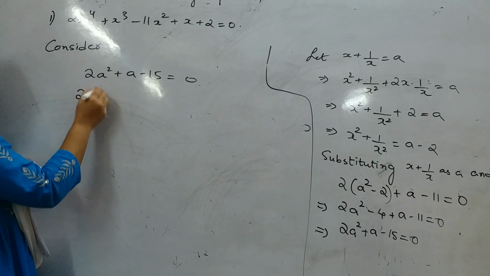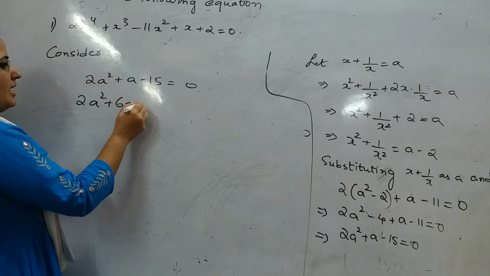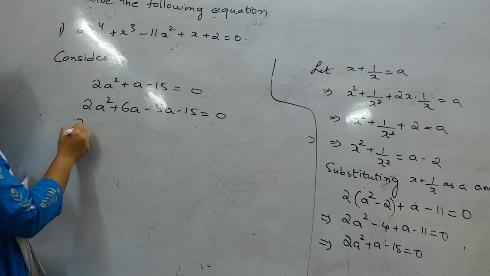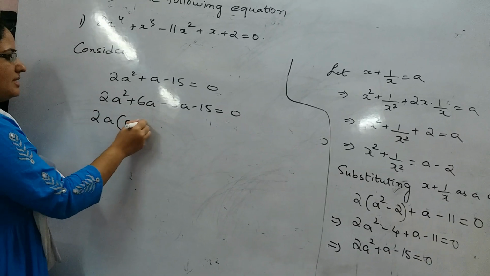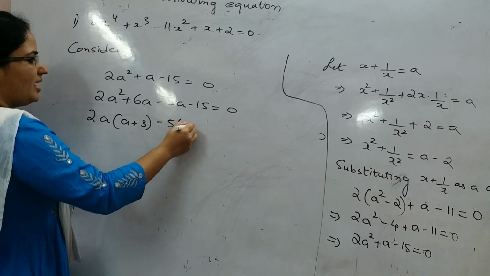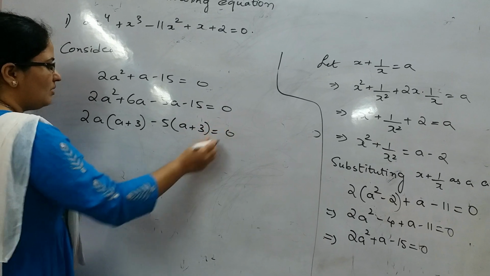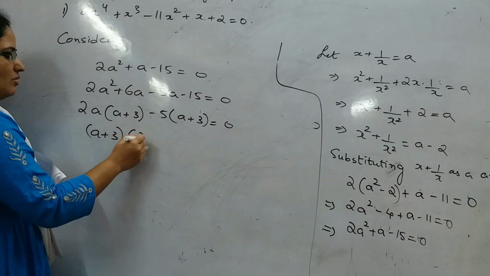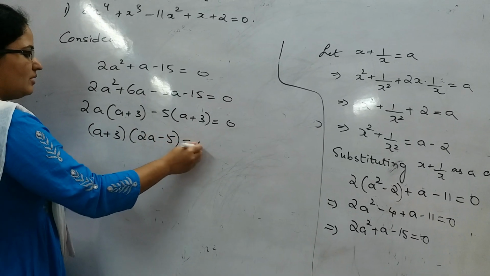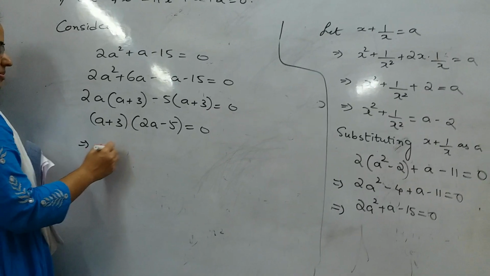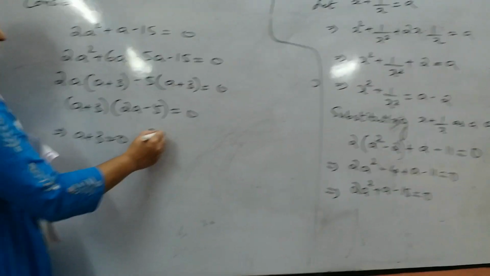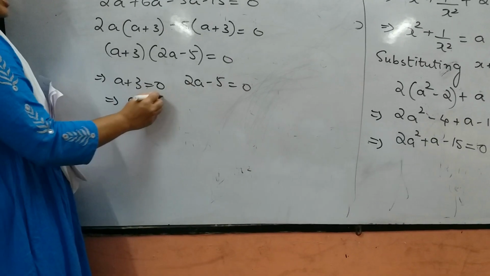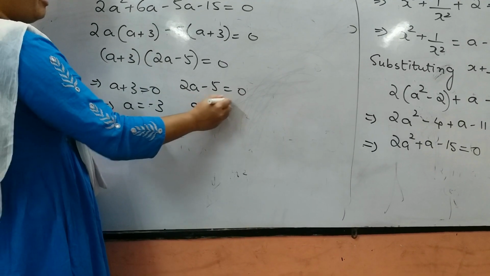So you can write it as 2a square plus 6a minus 5a minus 15 is equal to 0. 2a into a plus 3 minus 5 into a plus 3 is equal to 0. If you take a plus 3 out, a plus 3 into 2a minus 5 is equal to 0. This implies a plus 3 is 0, 2a minus 5 is equal to 0. This implies a is equal to minus 3, a is equal to 5 by 2.